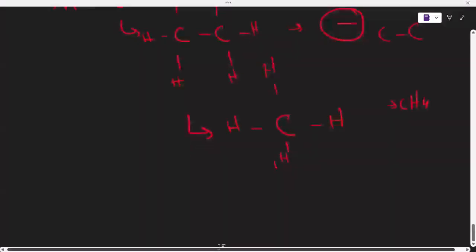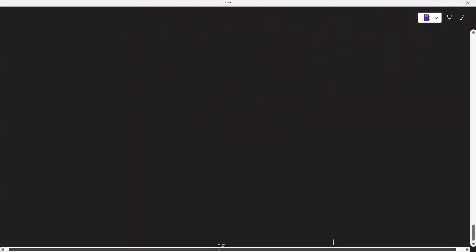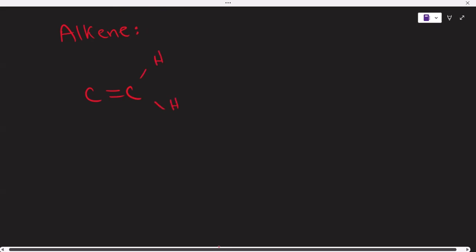Now let's talk about the functional group for alkene. How does it work for alkene? If I draw a structure, this is the structure of an alkene, and here this carbon-carbon double bond is the functional group.